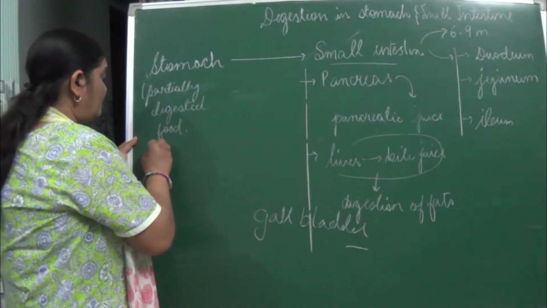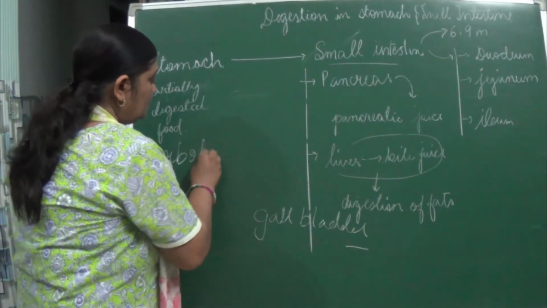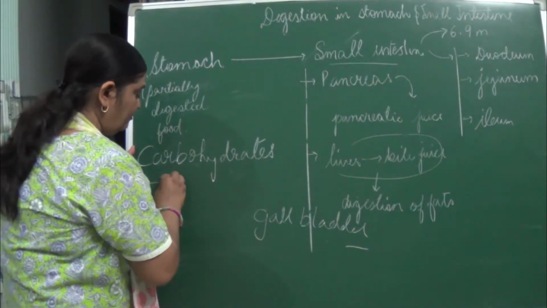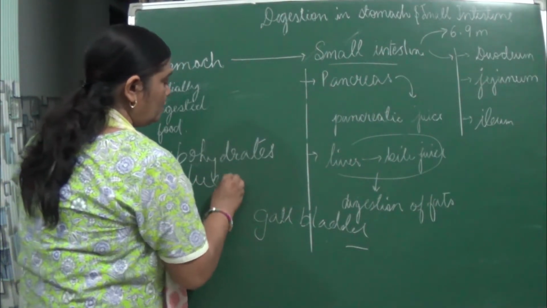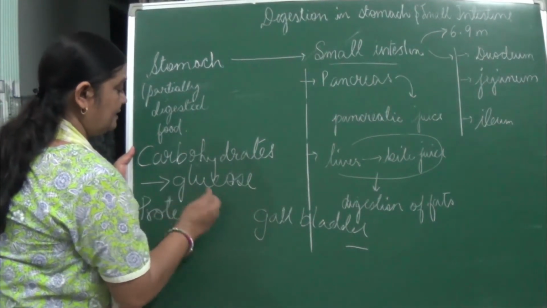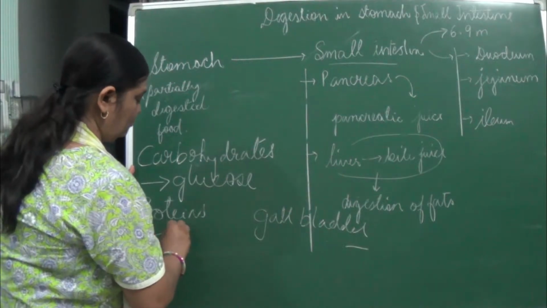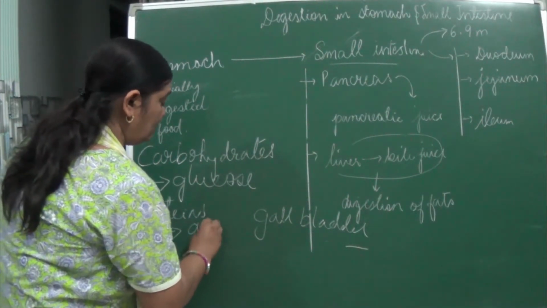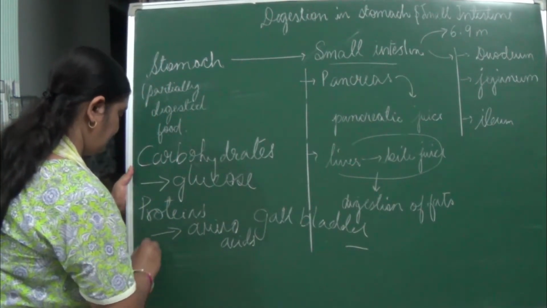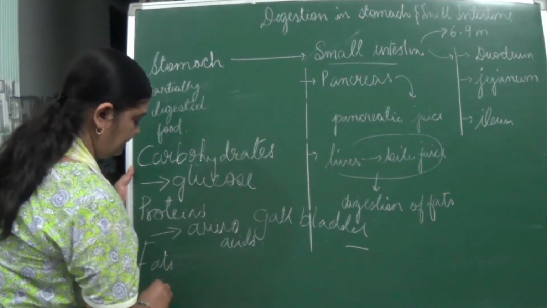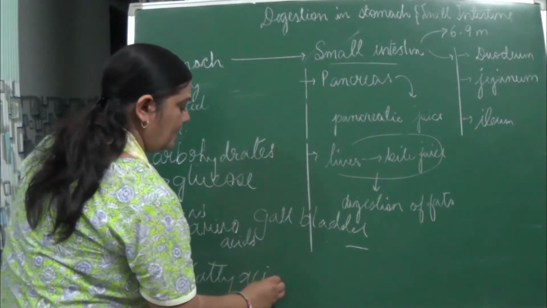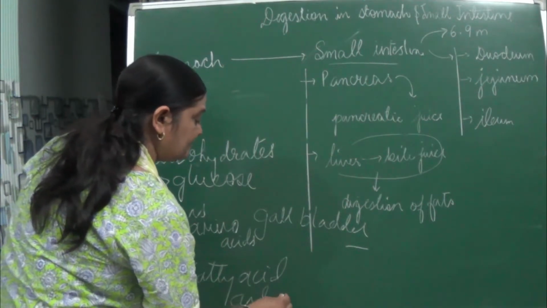The total digestion of carbohydrate takes place, and it is simplified to form glucose. Proteins are totally digested to form the end product, amino acids. And fats are totally digested to form fatty acid and glycerol.